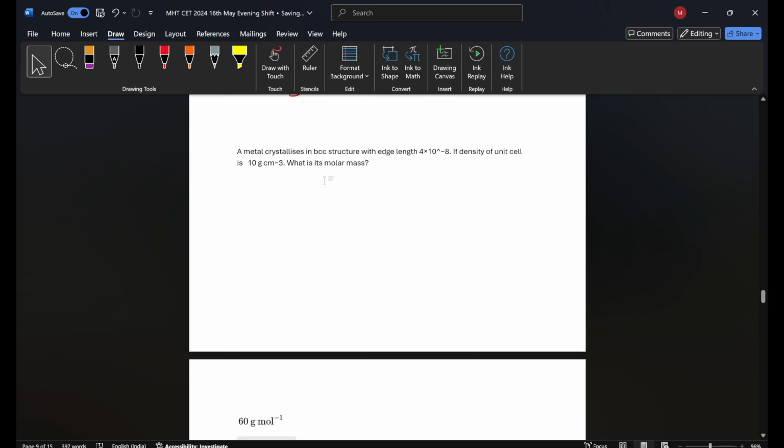A metal crystallizes in BCC structure. If the density is this, what is the molar mass? Again, I'm telling you, this is a typical question from the CET, where this is the formula: density equals Z into M by N_A into a cube. They can ask any one of these. Molar mass they have asked. So density is 10.